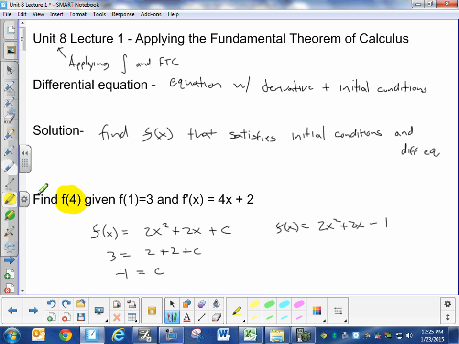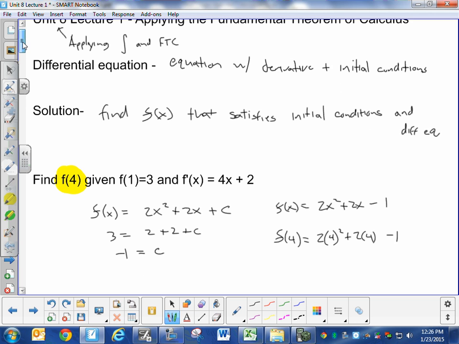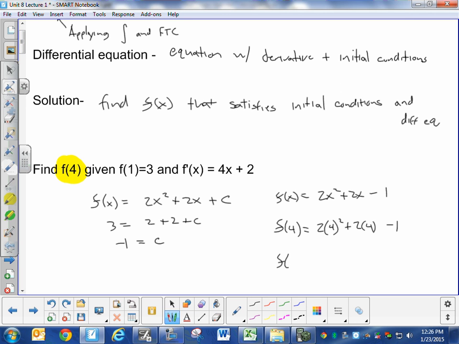So figure out what f of 4 is. Just an extra little step.